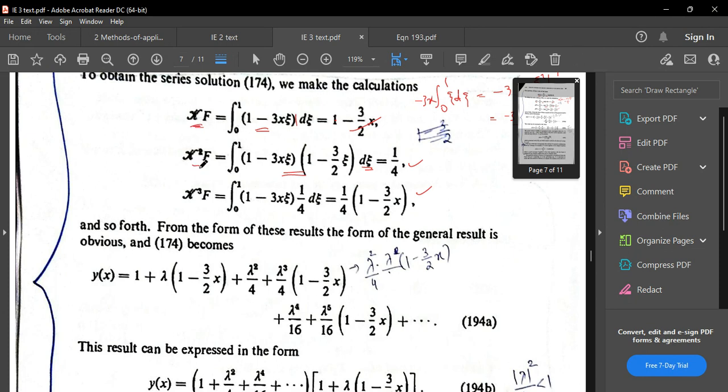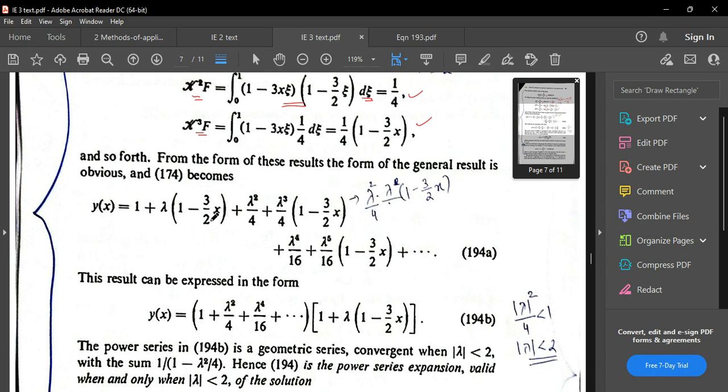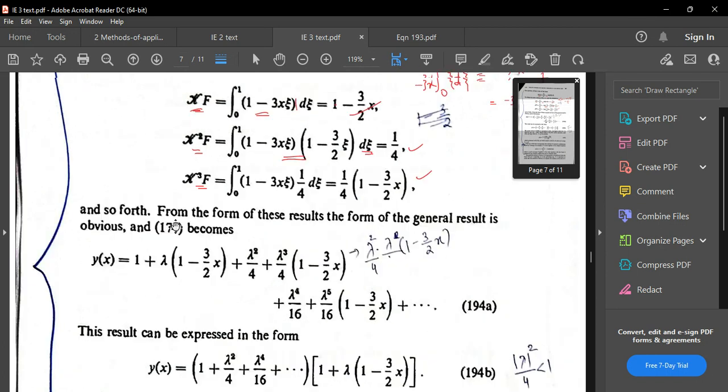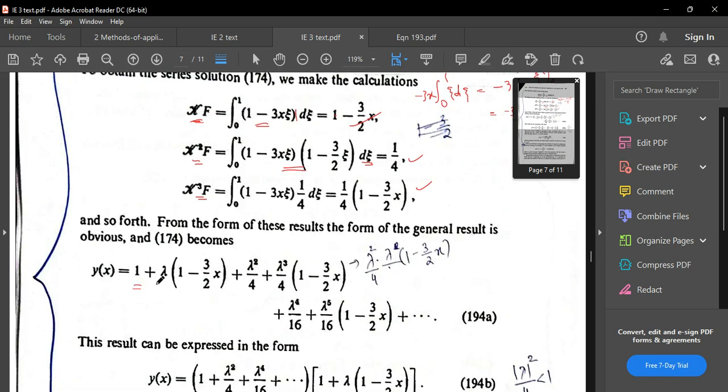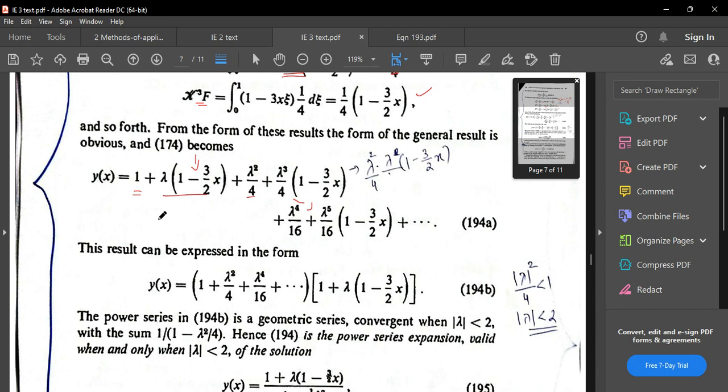For n equal to 1, n equal to 2, n equal to 3, we will end up with f of x plus lambda into script K f. Script K f is this one, so it arrives here, plus lambda square into script K square f, that is 1 by 4, lambda square into 1 by 4. Likewise, these results come here. So what will we get?